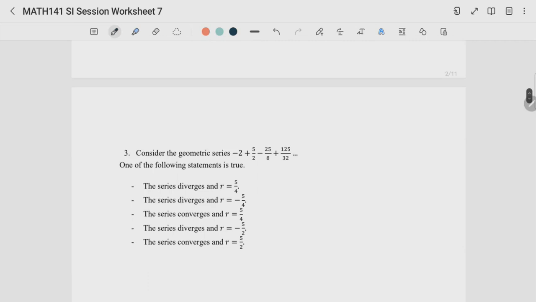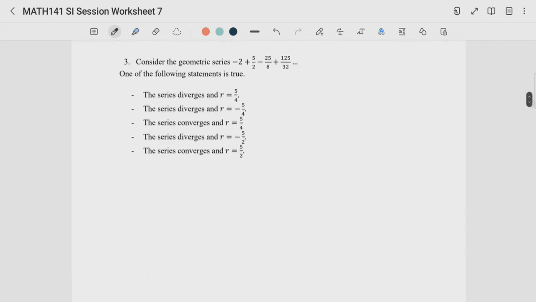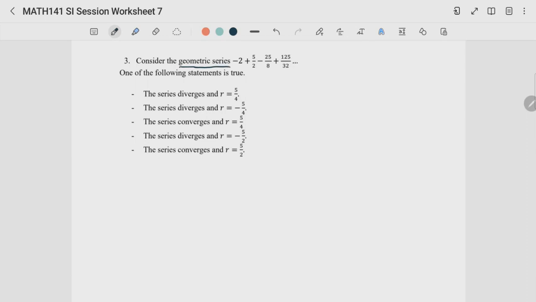Let's move on. So the next question, we are given a geometric series, and we are asked which one of the following statements about the series is true. So we basically have to check for the divergence or convergence of the series again.